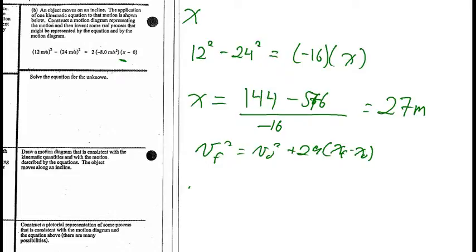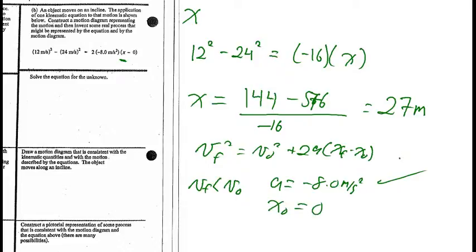We first notice that the final velocity is less than the original velocity in our particular problem, and we see that the acceleration is equal to negative 8 meters per second squared. That's consistent with the velocity getting smaller, and it looks like the initial position of this object is equal to 0 because of the quantity x minus 0.